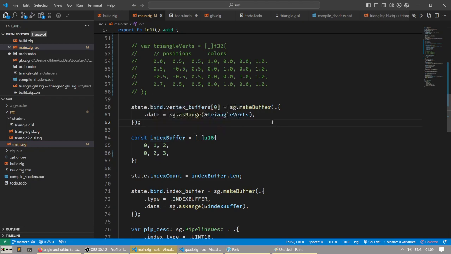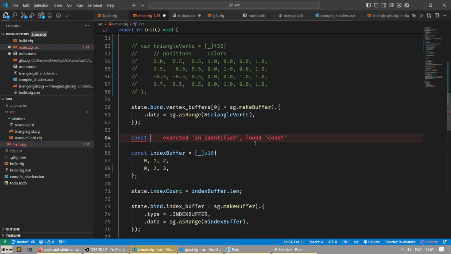Right, so now we need to actually fill up the index buffer procedurally as well. And we figured out that we always need as many triangles as vertices minus 2, right?